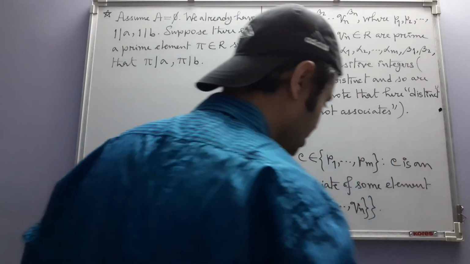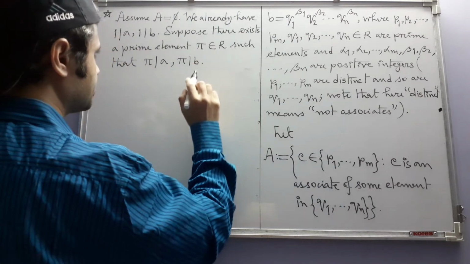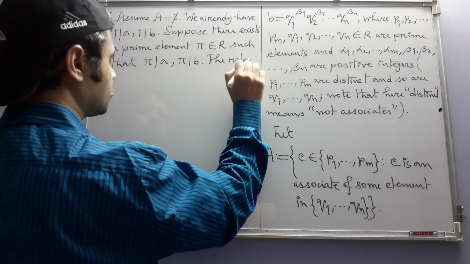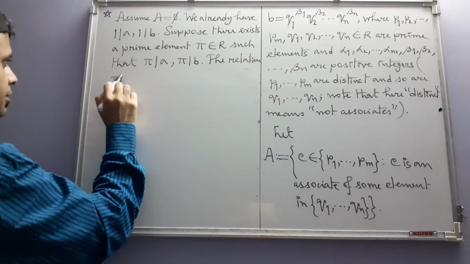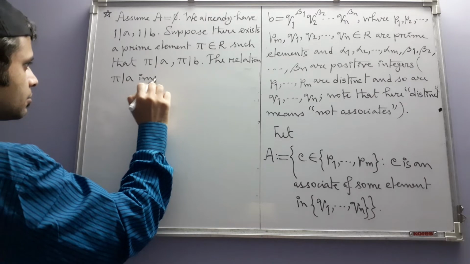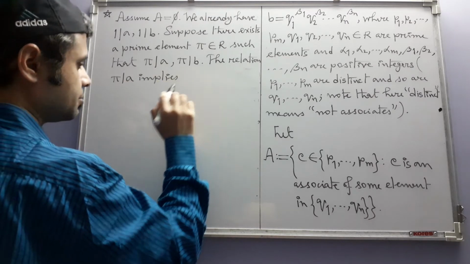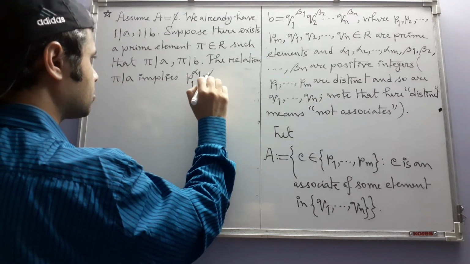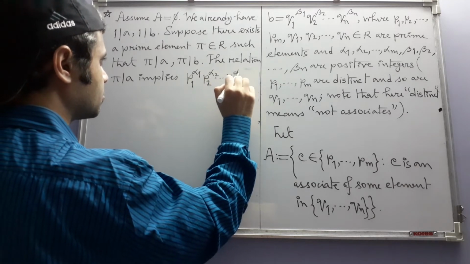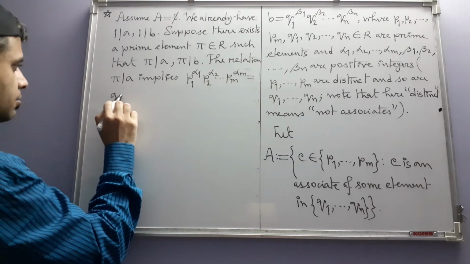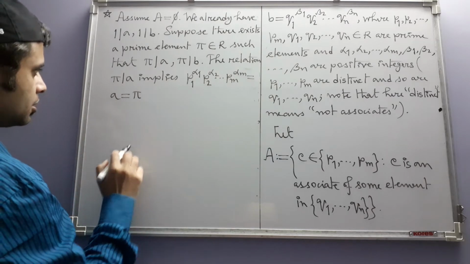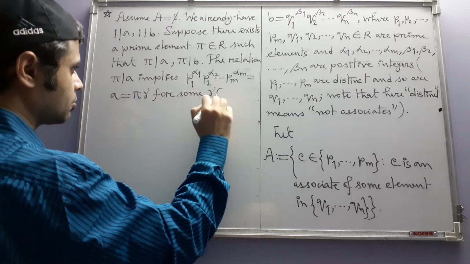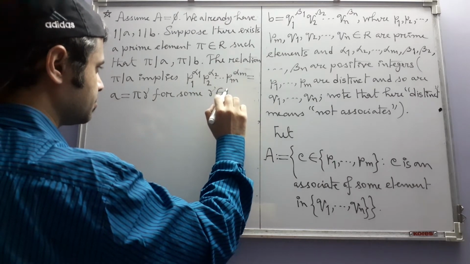Now, pi divides a means what? The relation pi divides a implies a equals pi times gamma for some gamma belonging to R.